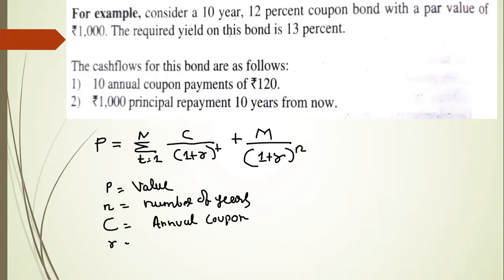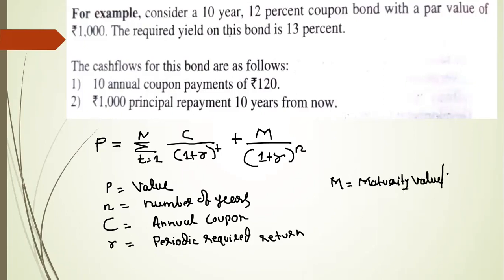R is the periodic required return, and M is the maturity value, or we can say principal value or principal repayment. T here is the time period.